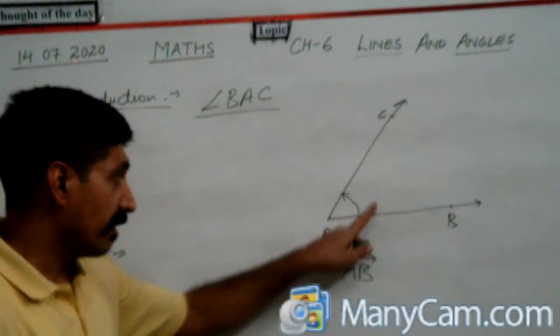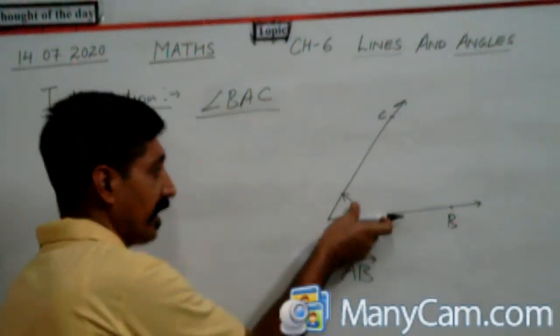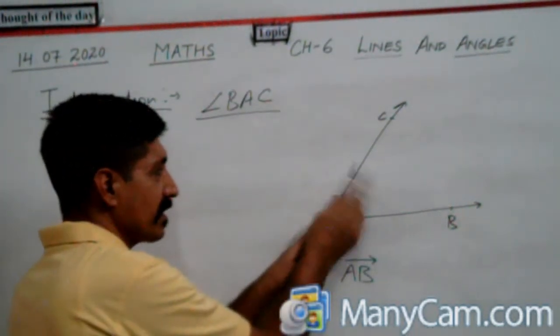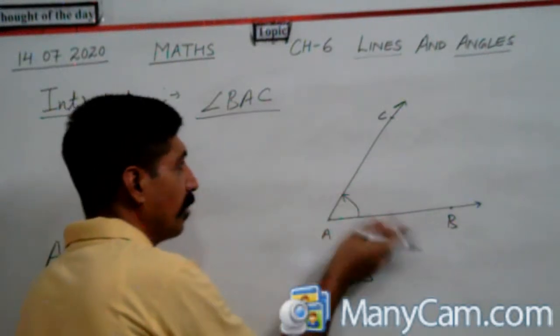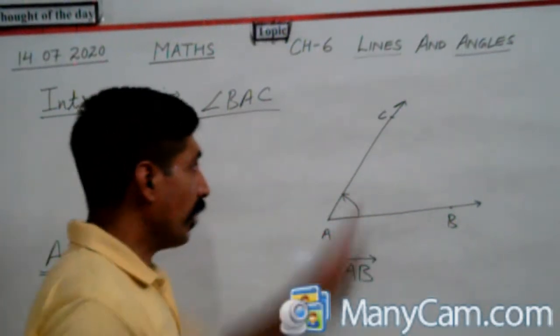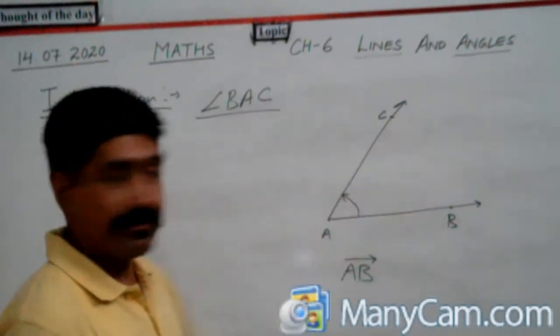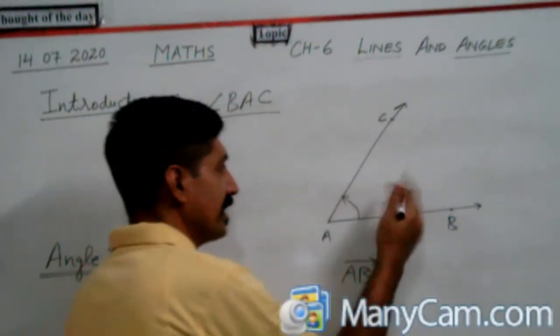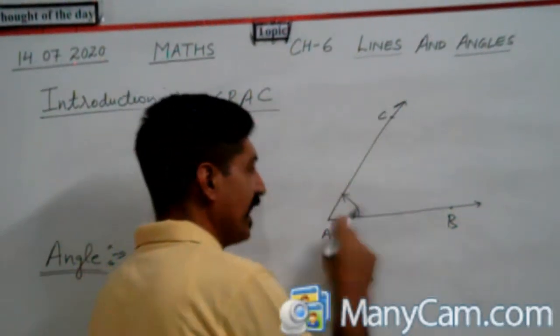So when the ray AB is rotated up to point C, we say this is the angle CAB or BAC.